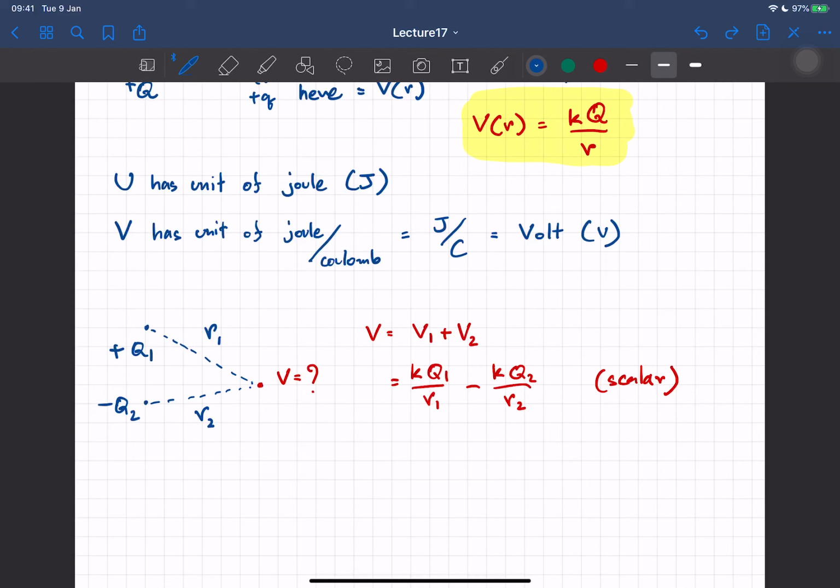So, okay, we know the potential at this point. What's the deal? How can we use this information? Well, in the case where you put in a third charge, which is small q here, and you want to see the potential energy of this charge, you just use U equal to q times the potential that you just calculated up here.